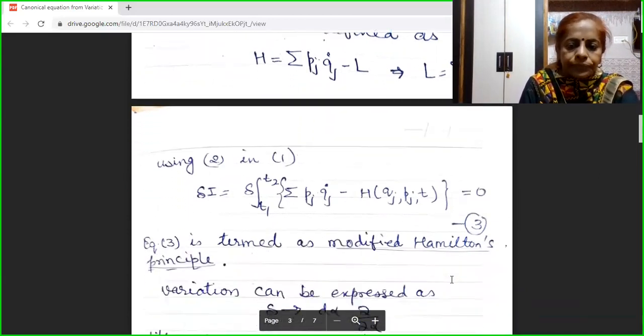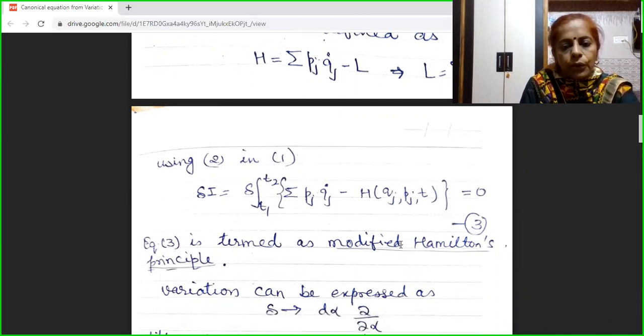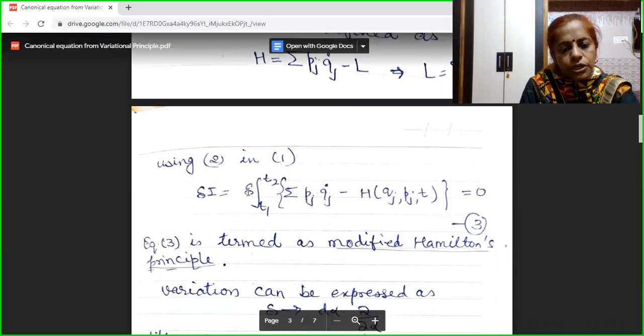This expression in which we have changed L in terms of H is termed as modified Hamilton's principle.